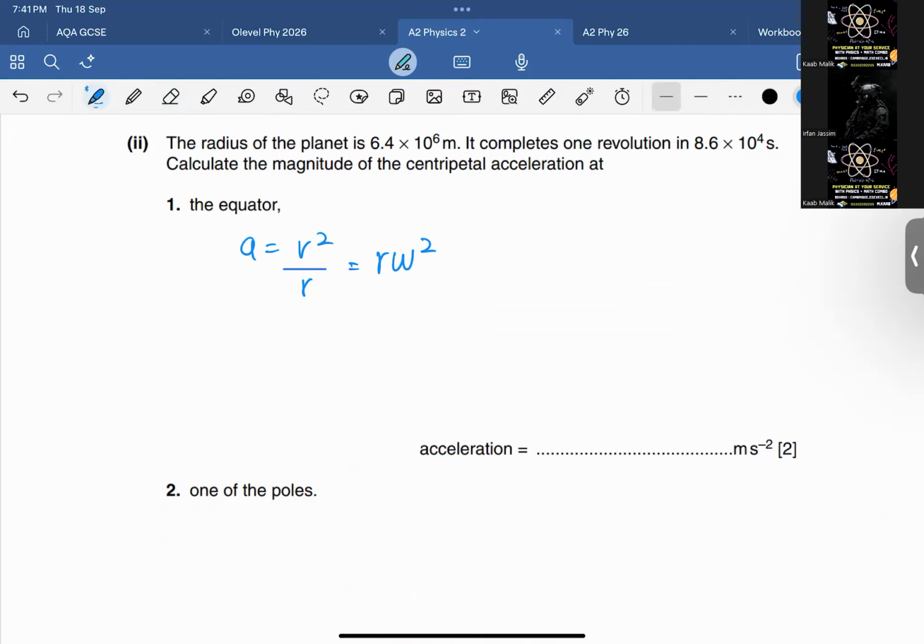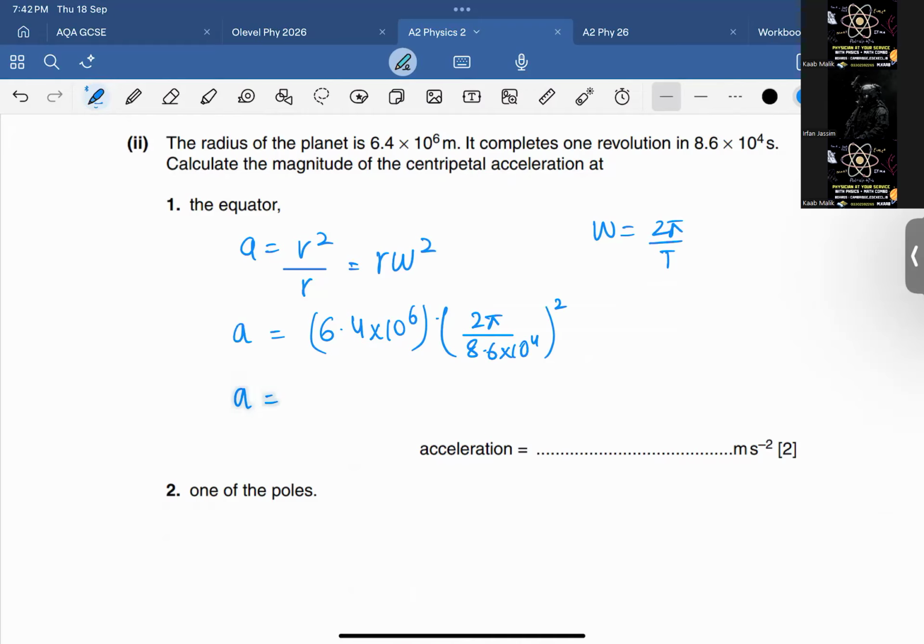So I'm using the r omega squared formula, and r is 6.4 exponent 6. You know that omega is 2 pi over T, so 2 pi over 8.6 exponent 4, squared. Now, can you please calculate the value? But we can do the other method, right?